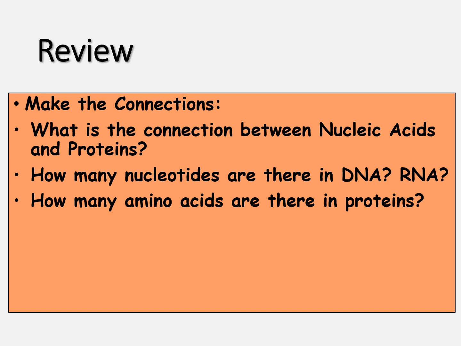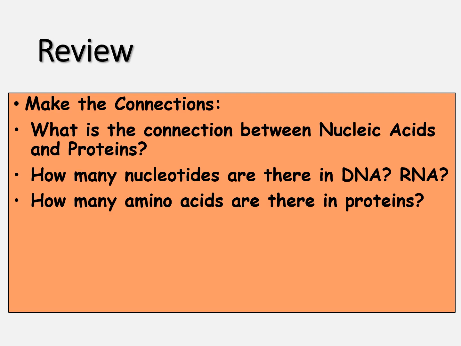So how many nucleotides are in DNA and RNA? What are those nucleotides? So we said nucleotides make up DNA and RNA, right? And those bases, we have 4 in each, but we replace 1 when we're talking about RNA instead of DNA, right?